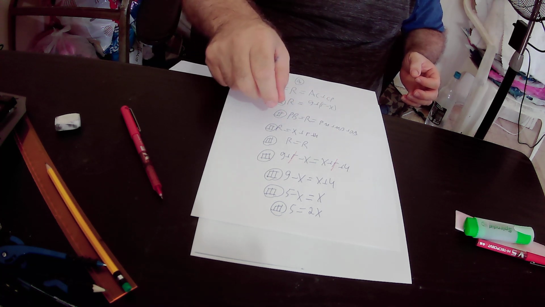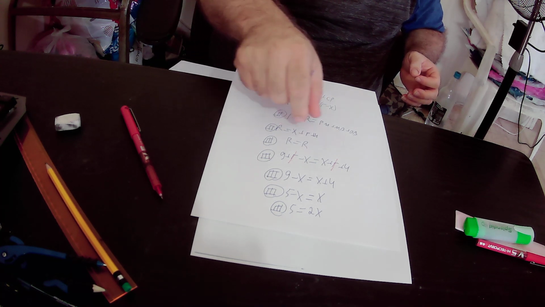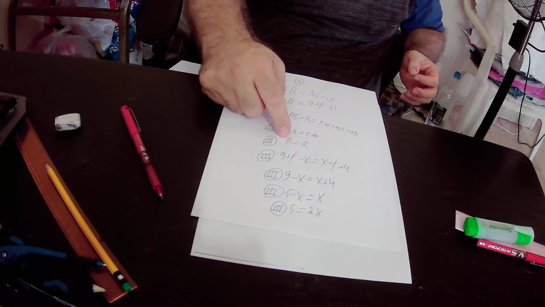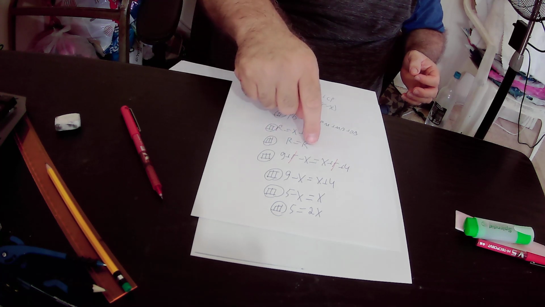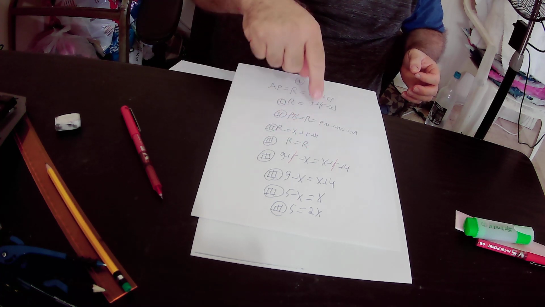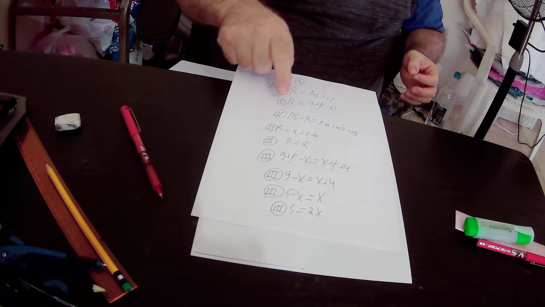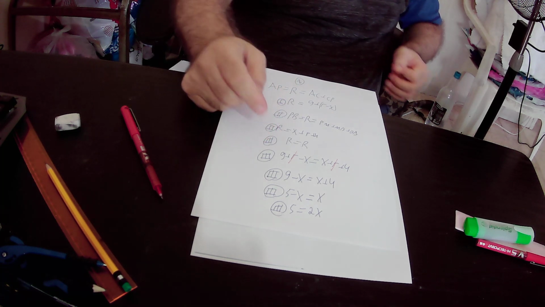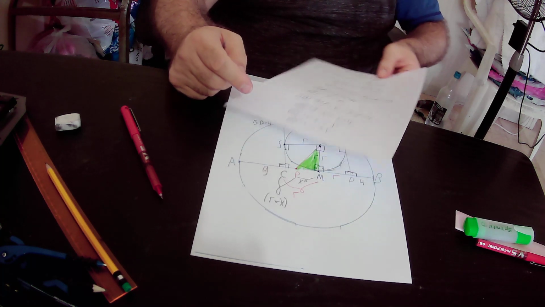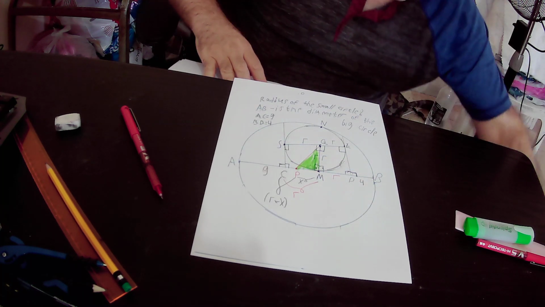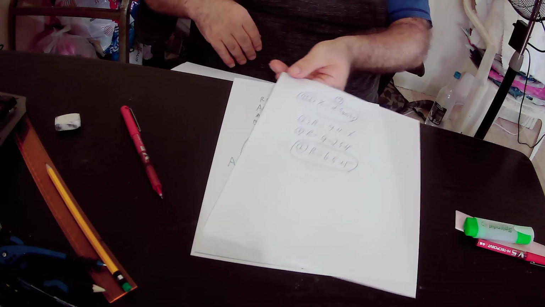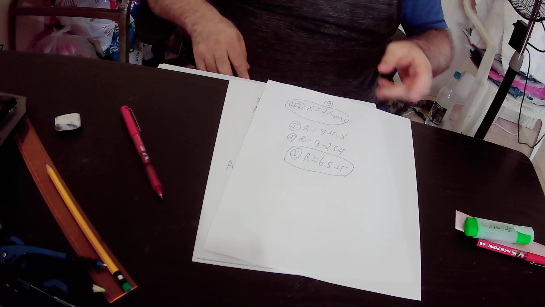So we can write down the equality that capital R equals capital R, and we will substitute capital R by equation number 1, and here we'll substitute this capital R by equation number 2. Okay, and we got equation number 3, and from equation number 3 we got this equality that X equals 2.5 units.